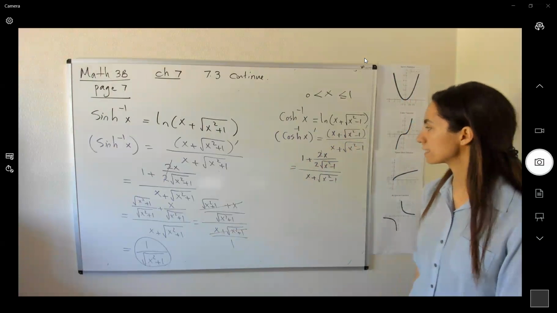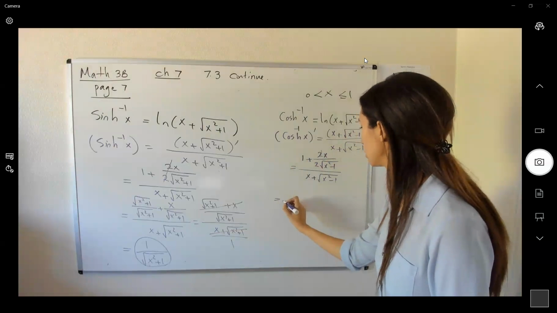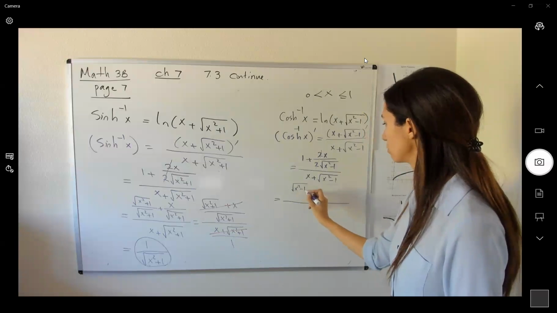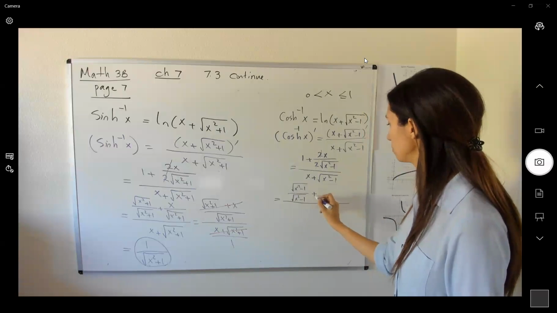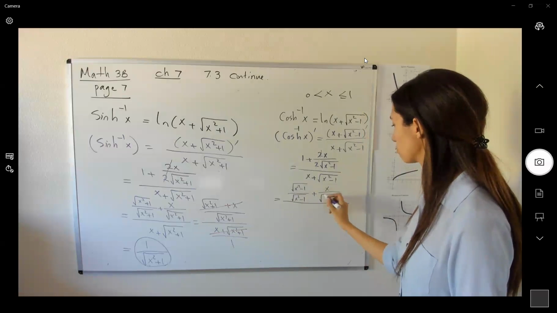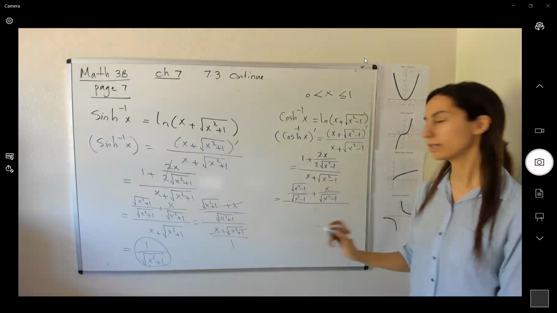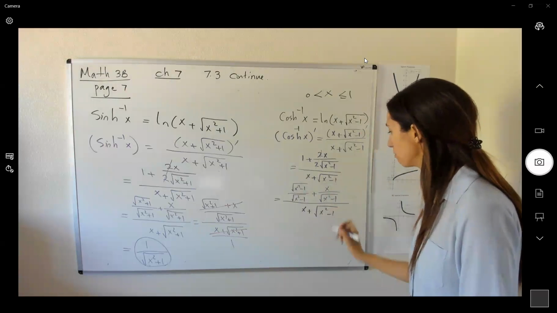So of course you can cancel out 2 and 2. You can take the common denominator between these two. Here you get square root of x squared minus 1 divided by square root of x squared minus 1, plus x over square root of x squared minus 1. The whole thing is divided by x plus square root of x squared minus 1.